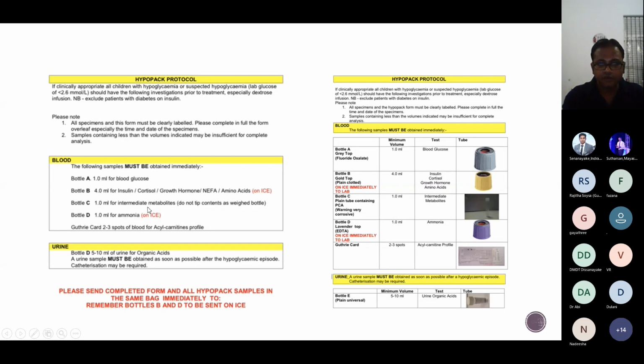Again, this sample you have to send on ice, right? That comes in the purple or lavender cap. And then two or three spots on a Guthrie card for acyl carnitine profile, and also a urine sample for organic acids. All of these were sent on presentation itself. So most of the time you will get a diagnosis once you get the results.